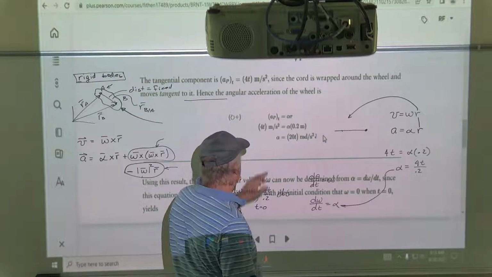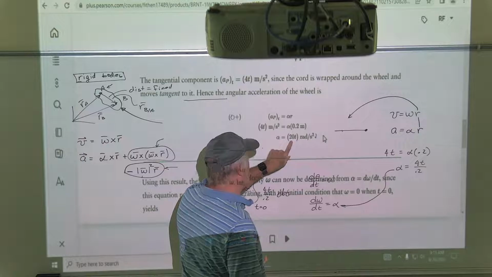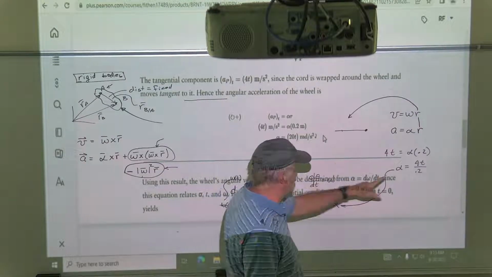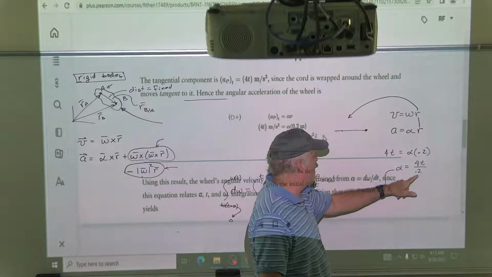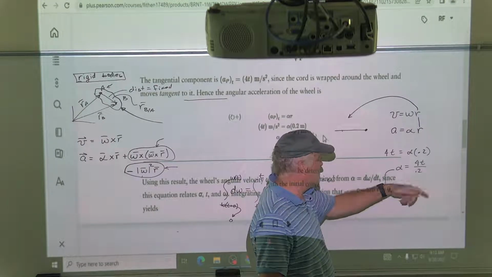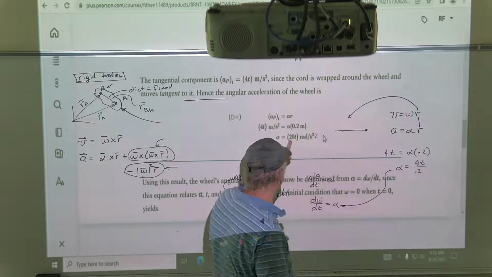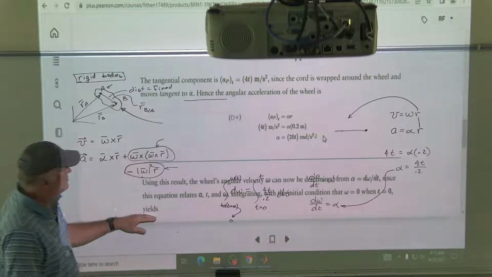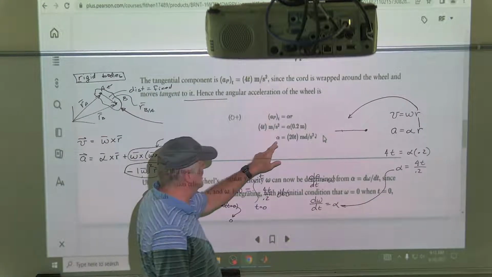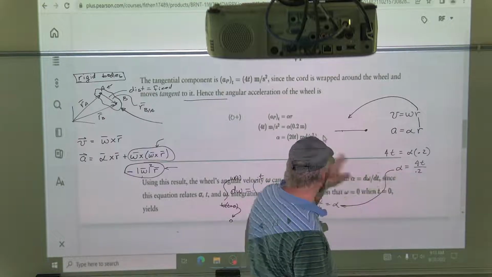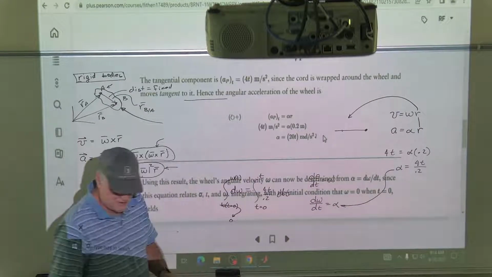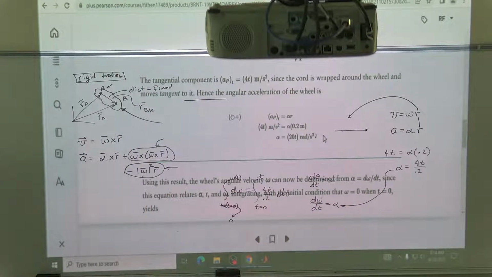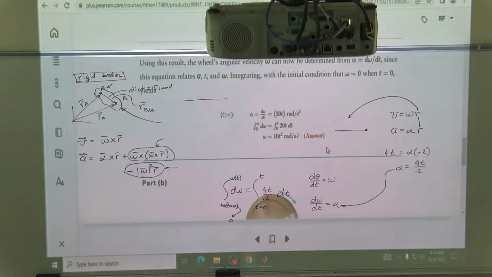Okay, so he went ahead and took his 4, and so that's 4 over 0.2. 0.2 is just 1/5, so that'll give you 20. So we determined that in radians per second squared. Then you have to go down, and I don't know how his integrations will look.